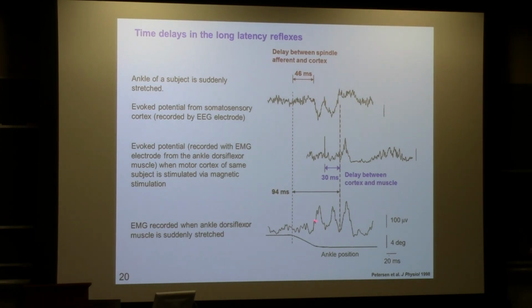Whereas this response, and possibly this response as well, is to the spinal cord and maybe the brain stem. It doesn't go all the way to the cortex. Any questions? So you have a fast pathway, the spinal cord, and then you have a slower pathway, the brain.